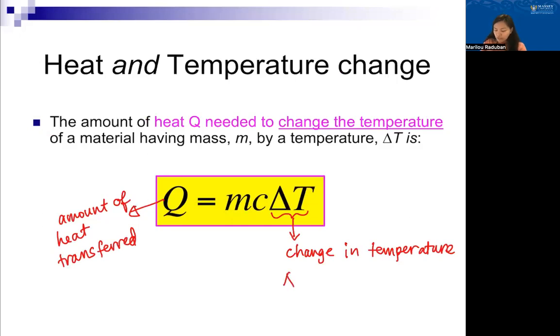So we determine delta T as the final temperature, or T subscript f, minus the initial temperature, or T subscript i. m is the mass of the object that is changing temperature, okay, as a result of the heat transfer. Mass of object whose temperature changed.